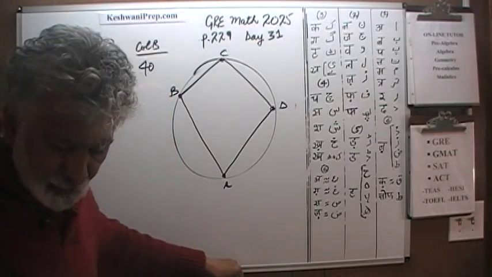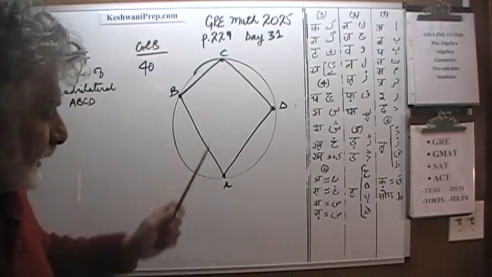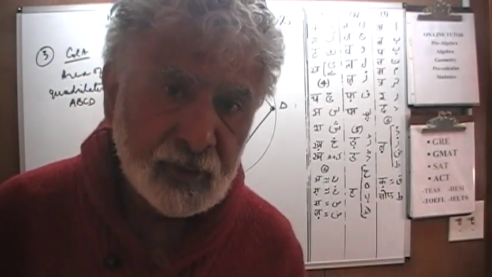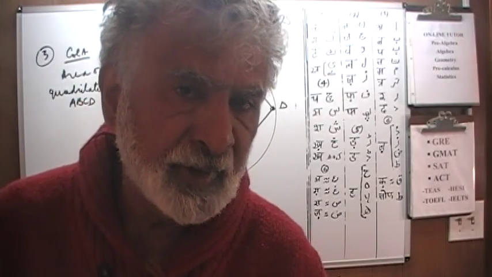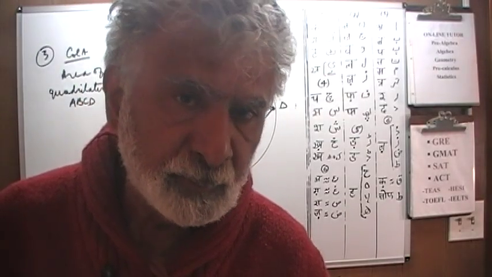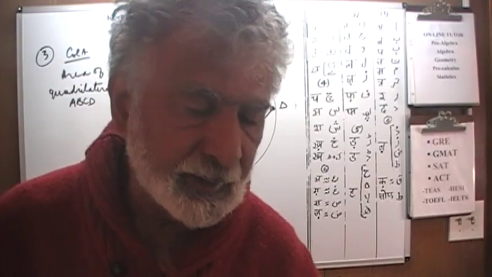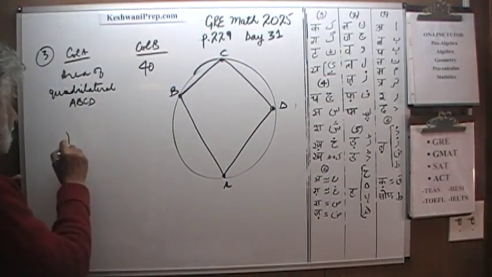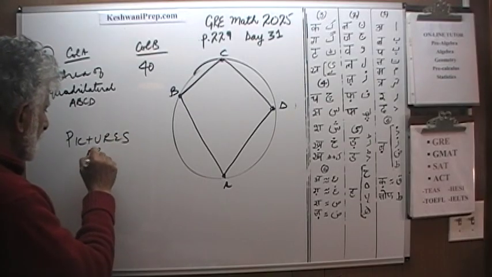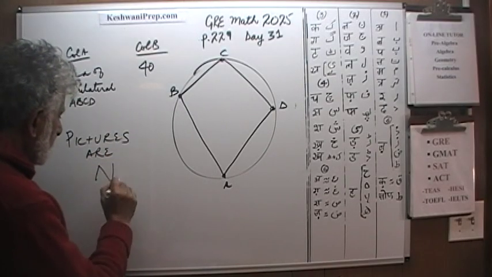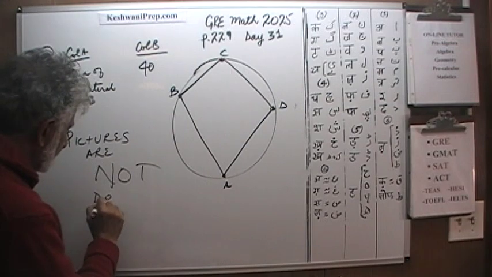Now, if the book is in front of you and you're looking at this thing, the very first thing we have to keep in mind when we're taking the GRE, when we're dealing with geometry problems that have pictures, is that pictures are not drawn to scale.